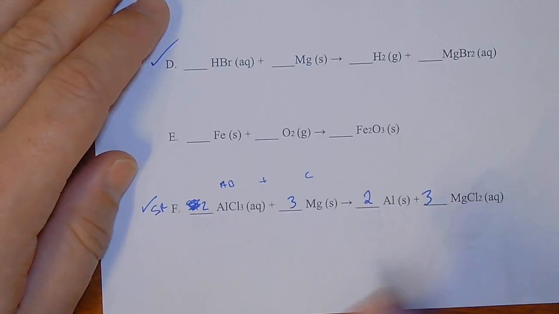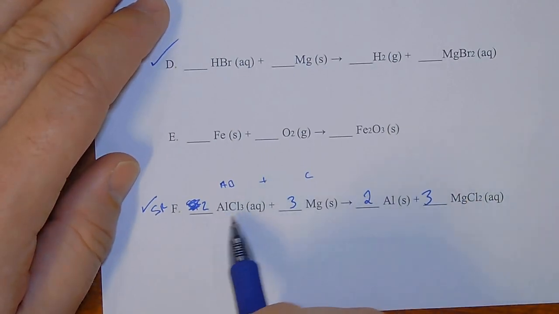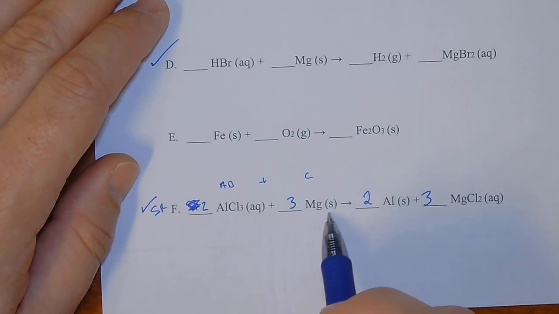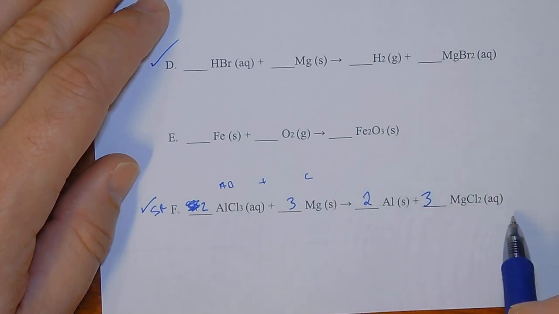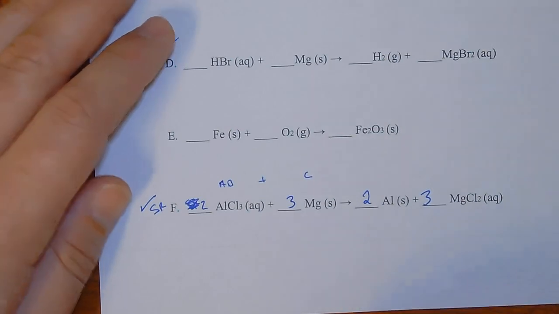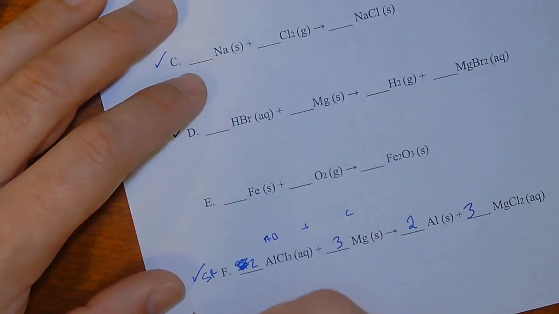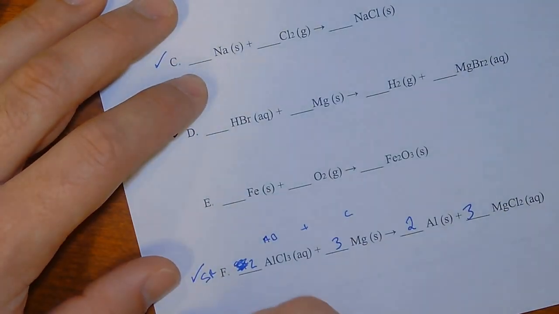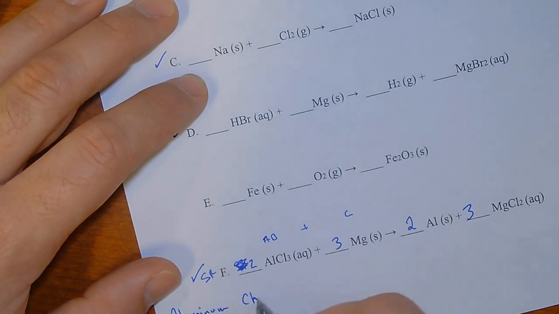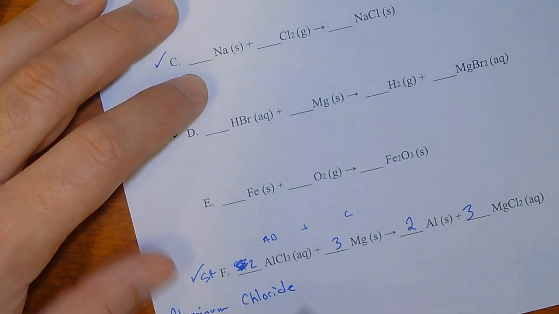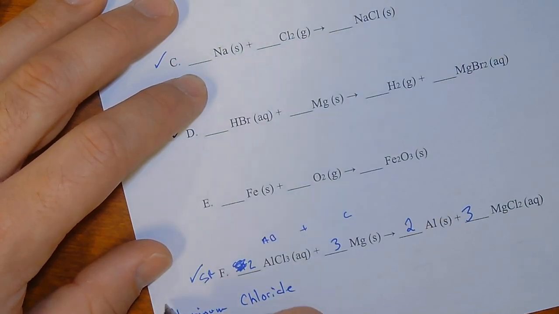So that means I need to be able to write out the word form of this formula, and then write all of these solubility signs at the bottom, or right next to it. So this should be, yeah, we can do it here. Aluminum chloride, and actually, I've already messed up. This should be aqueous, because of that.